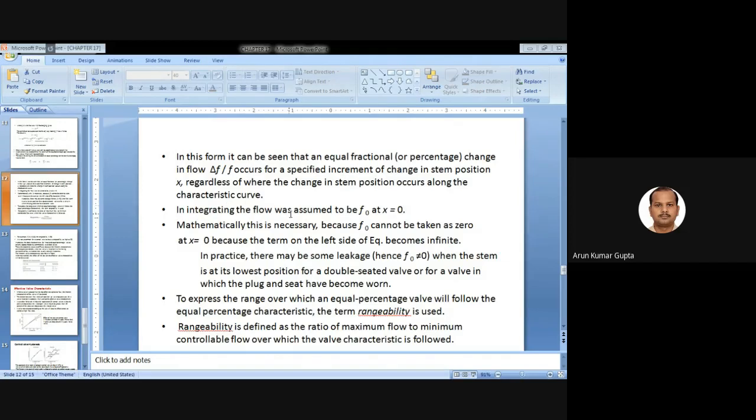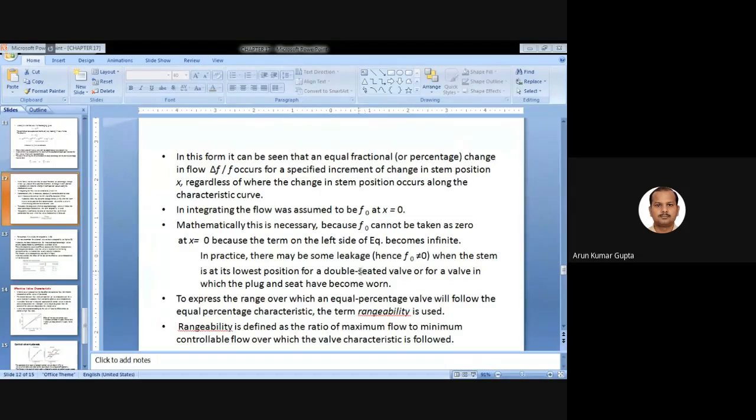In the integration, the flow was assumed to be f naught at x equal to 0. Mathematically this is necessary because f naught cannot be taken as 0 at x equal to 0, because the term on the left hand side of the equation becomes infinite. In practice there may be some leakage, so f cannot be 0 when the stem is at the lowest position.